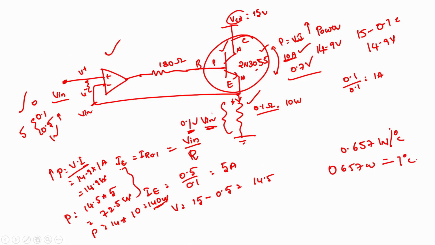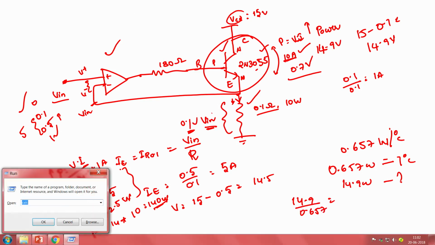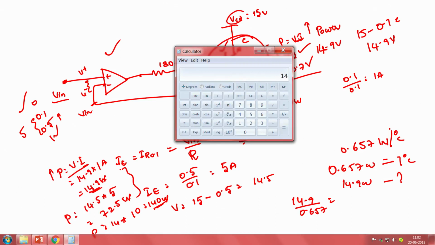Now, we have a wattage of 14.9 watts. So how many degrees will it be? 14.9 divided by 0.657. When you do this, we can understand the value. So let me calculate 14.9 divided by 0.657.